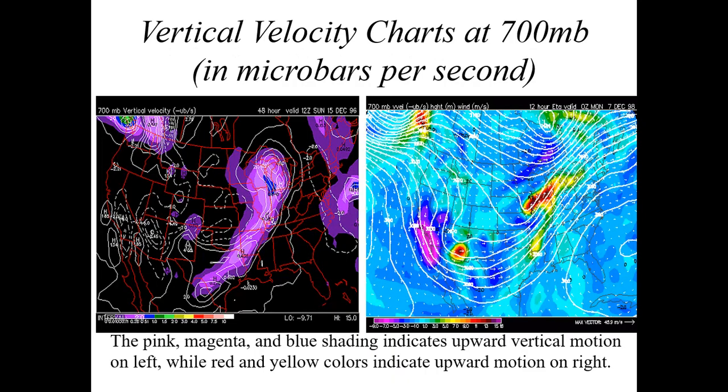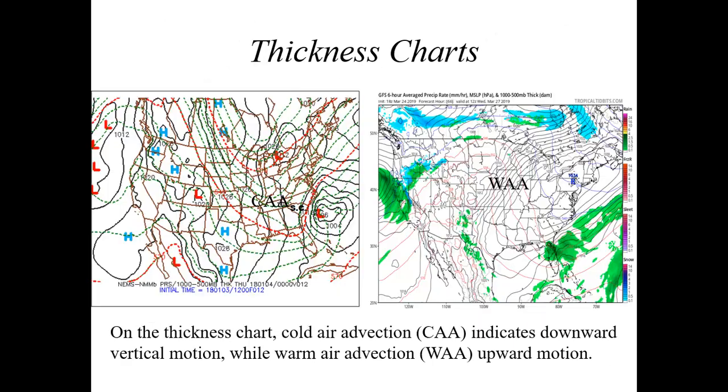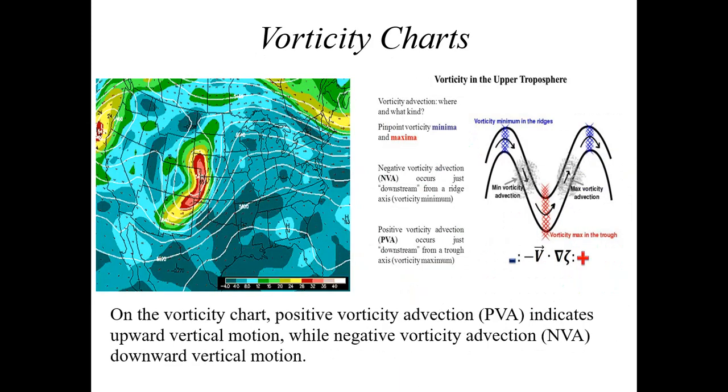When I'm looking at a forecast, vertical velocity is very important to determine if my air is rising or sinking. I'm also looking at the thickness charts here to determine whether I have cold air advection, CAA, or warm air advection, WAA. Because remember, cold air advection indicates downward vertical motion, warm air advection indicates upward vertical motion, right? And then vorticity charts, just as important.